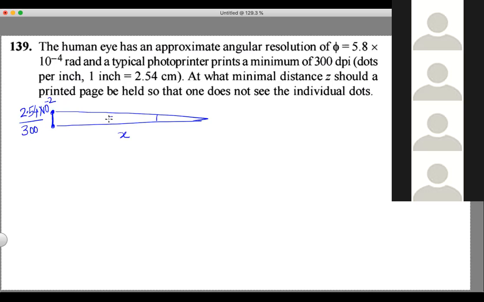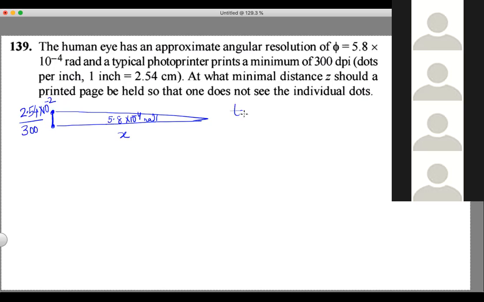And this angle is 5.8 into 10 raised to power minus 4 radians. So this is a simple question.